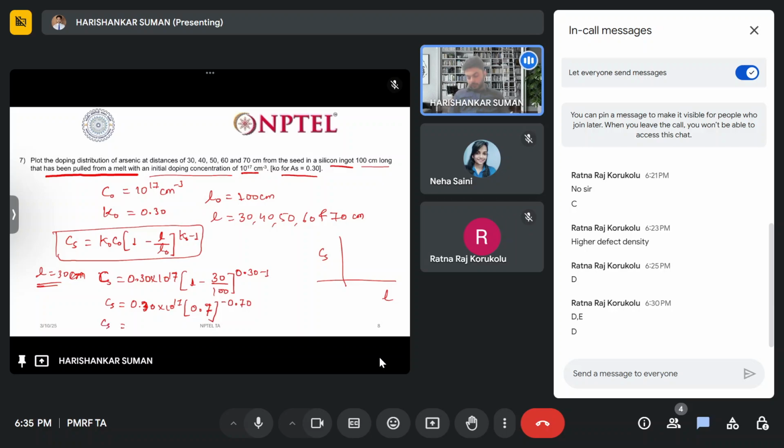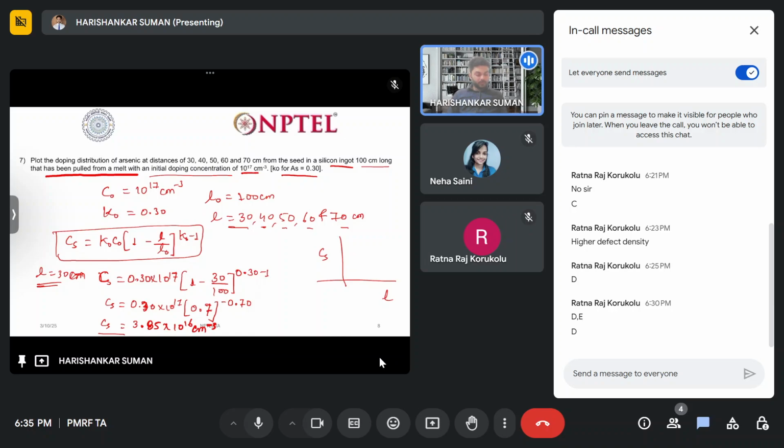You will get around. Similarly, please solve for 40, 50, 60 and 70 in the same way. You can take 5 minutes for this.